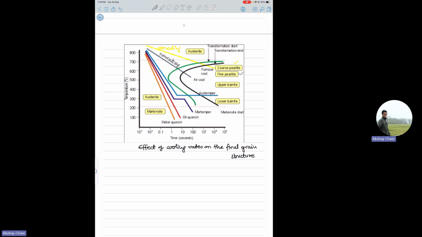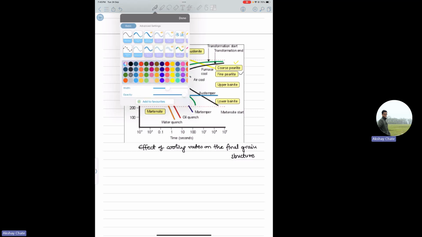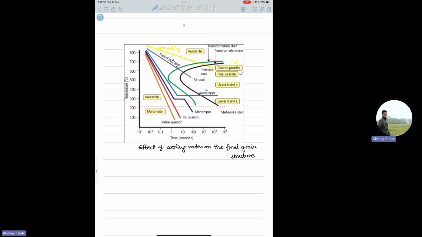Then next is Aus tempering. So this line, yeah, this is your Aus tempering process. You maintain your cooling rate such that you have a higher cooling rate, and then you maintain a constant temperature.